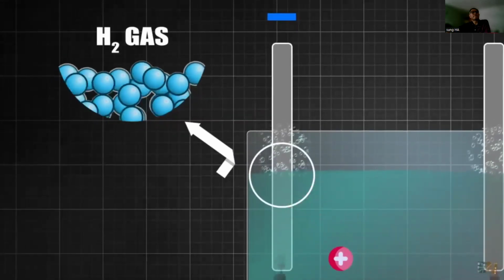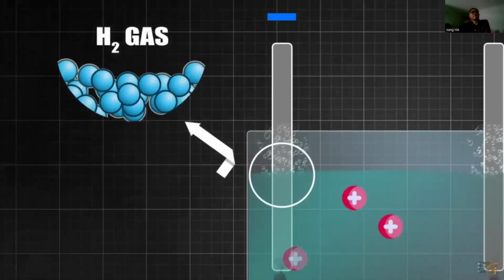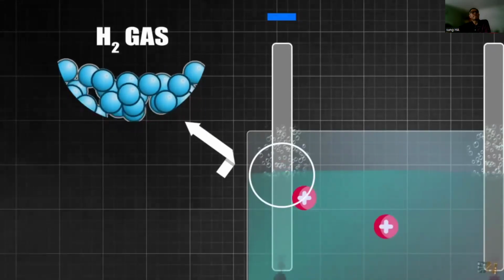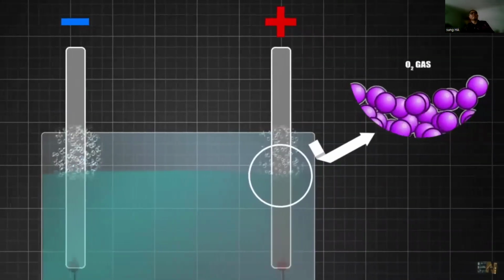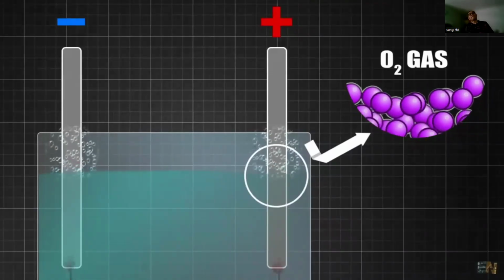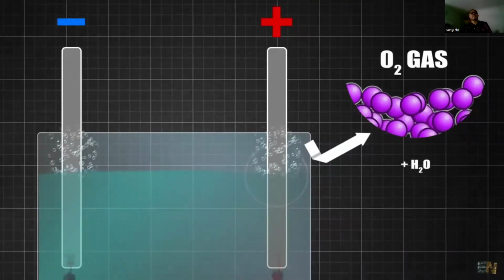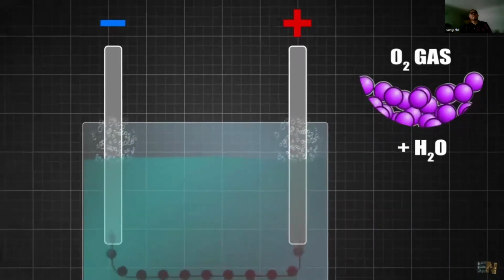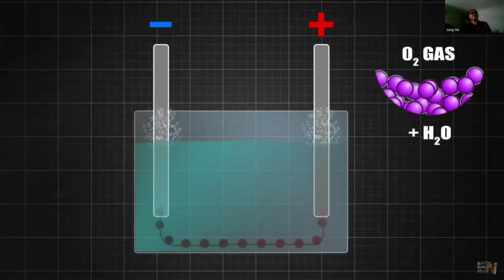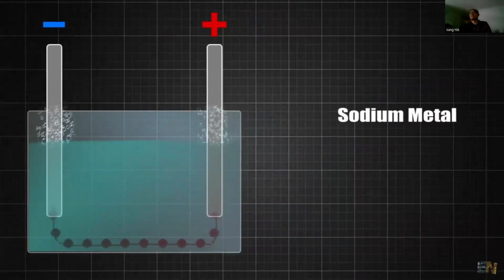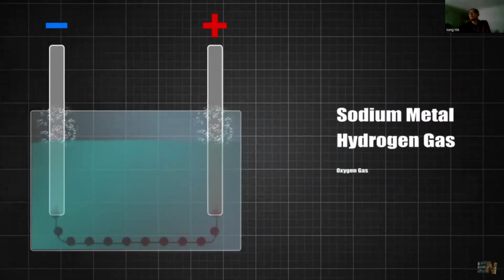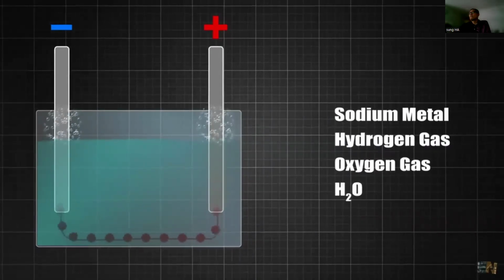The water also needs a pump, here we use the pump for H2. On the other side, the hydroxide ions release electrons and oxidize to form oxygen gas and water. Overall, the electrolysis of sodium hydroxide water produces hydrogen gas, oxygen gas, and water.